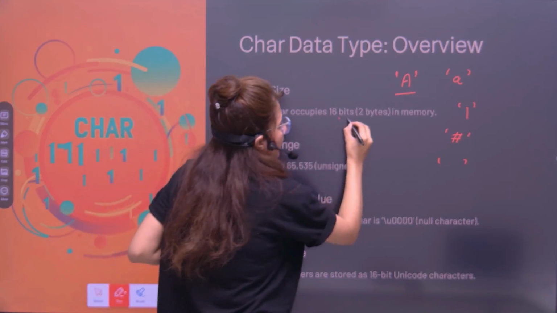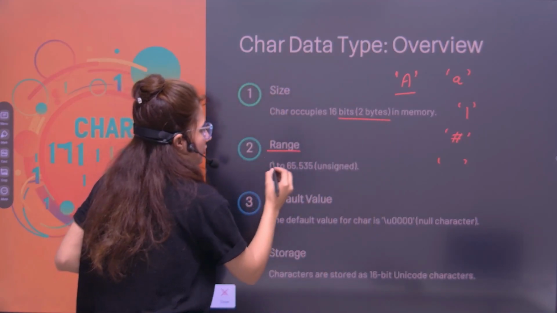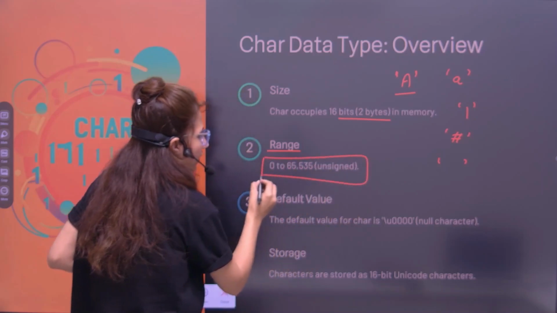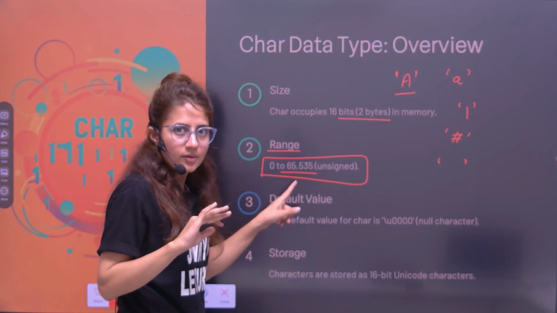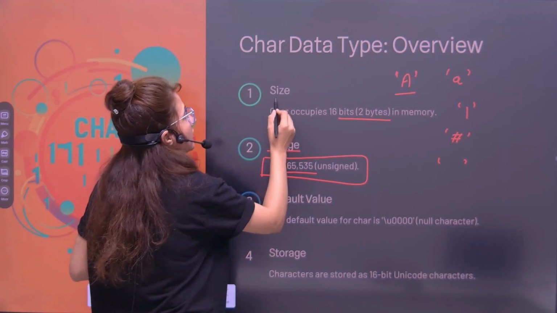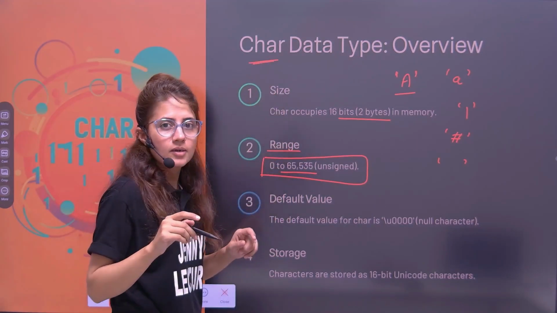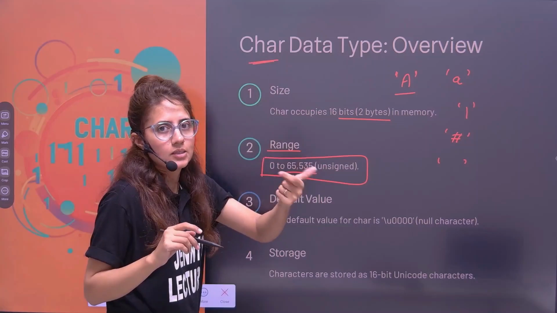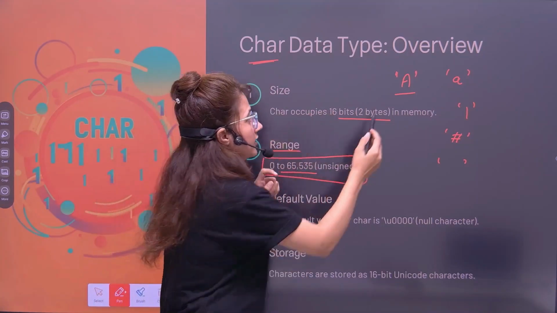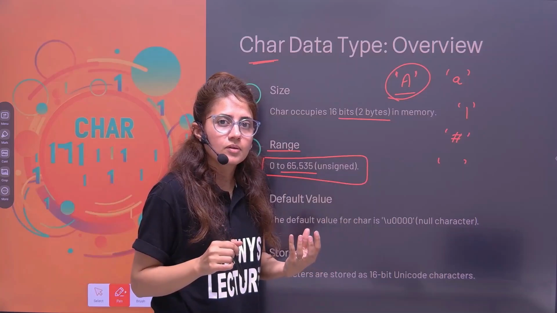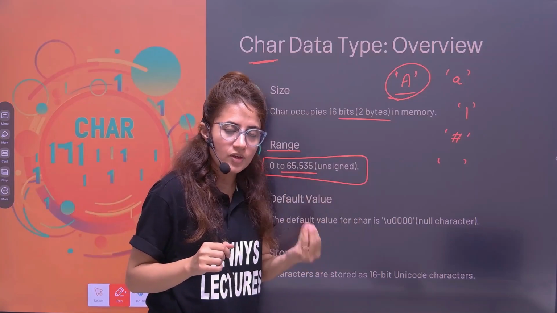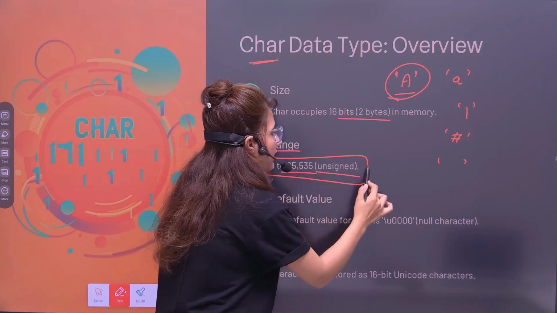Now it will take 2 bytes in memory. The range is 0 to 65535. See, there is no negative number. So char is represented in memory as an unsigned integer. Obviously it is a character here, but internally it is represented as an integer, or more specifically an unsigned integer.